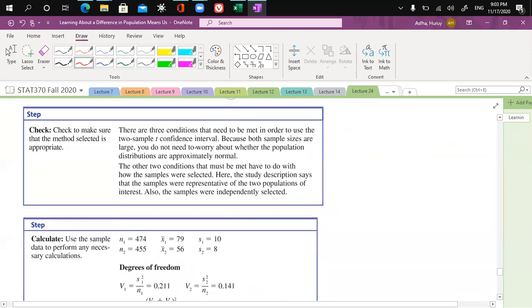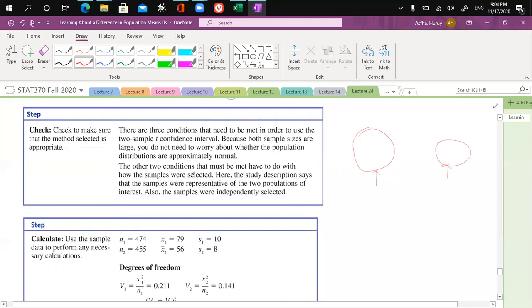And the conditions here, well, the large sample condition is met. Since we have two groups, a group of teenage boys and teenage girls, we believe that they are independent. So the first condition is also met.